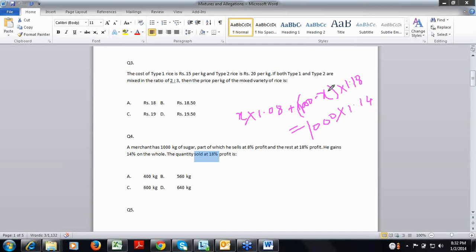Easily you can solve. See, 0.1x is equal to 1180 minus 1140, so 40. So x is 400, and 1000 minus x is 600. So we have option 600, option C. We'll go ahead and mark option C.